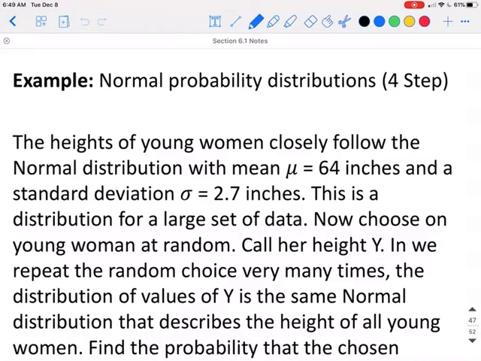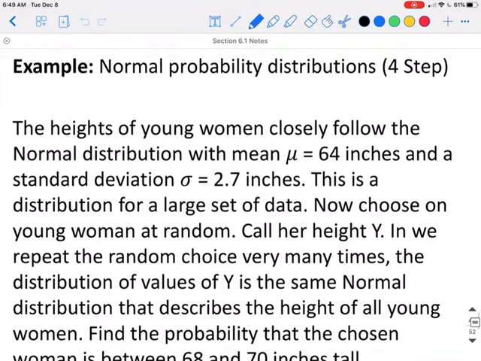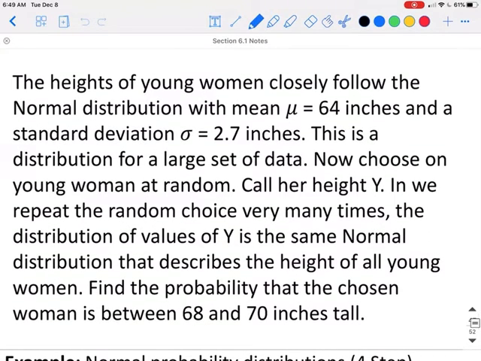So let's do an example that is a 4-step process. Remember, if we're talking about the normal curve, this means we are talking about our z-score. So we are going to find our z-scores again and use our tables. The height of a young woman closely follows the normal distribution with a mean of 64 inches and a standard deviation of 2.7 inches.